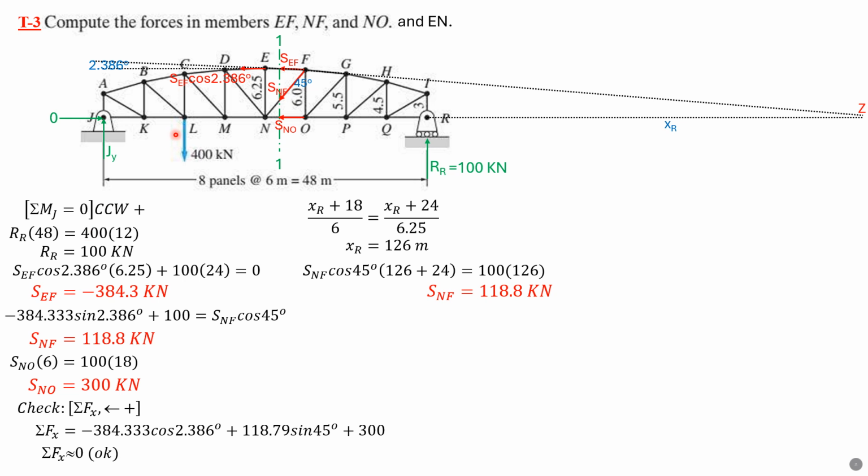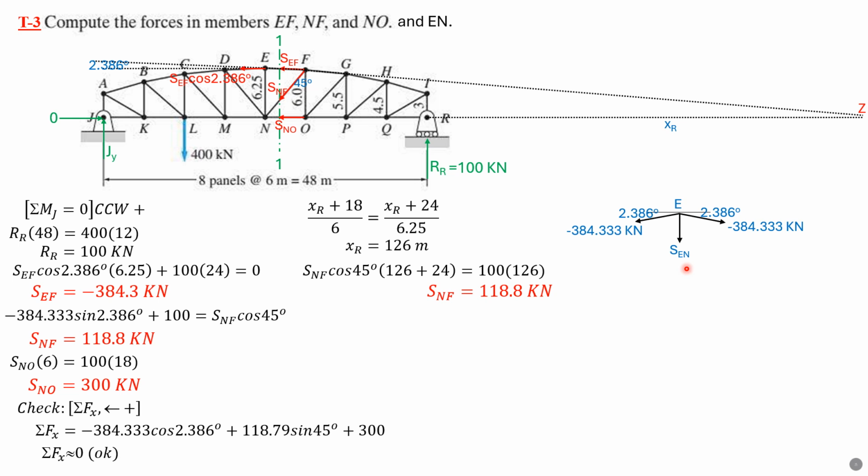Then finally, for EN, we draw the FBD of joint E, and the angles are the same. This is the force of SEF, negative 384.333 kilonewtons. By symmetry, summation forces horizontal equals 0, so SDE is also negative 384.333. Then finally, summation forces vertical equals 0, downward positive.